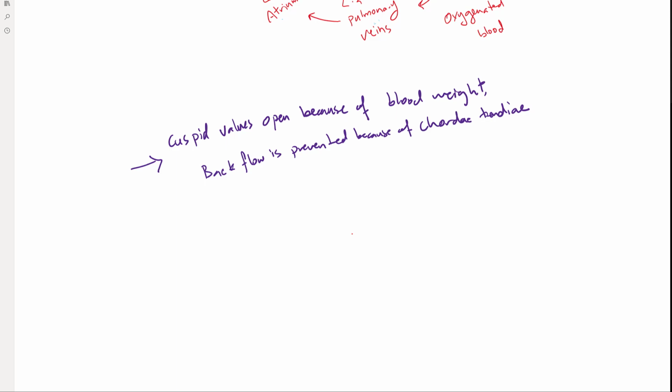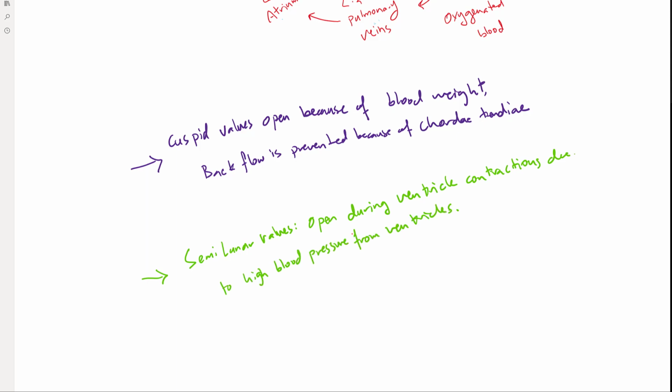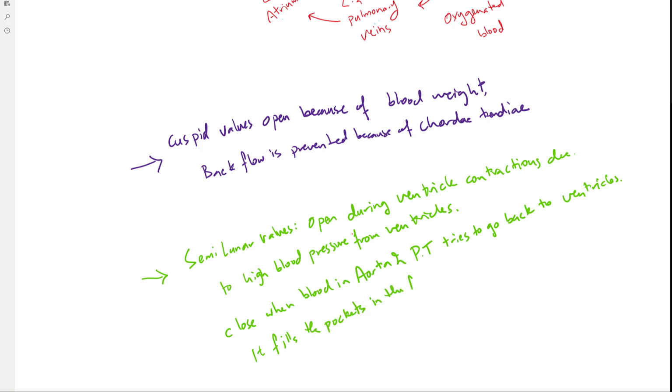The aortic valves, or the semilunar valves, open during ventricle contractions due to high blood pressure from the ventricles. They close when blood in the aorta and pulmonary trunk tries to go back to the ventricles. It fills the buckets in the aorta and pulmonary trunk, those buckets formed by the flaps of the valve. So those are the two mechanisms of how the valves open and close.